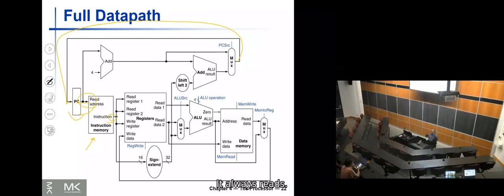It always works, it always reads. It should be active all the time, and it should always prepare the data for us. So there is no control here, just address, just instruction coming out. What else do we have here? Okay, nothing. Good. So this is the full data path.